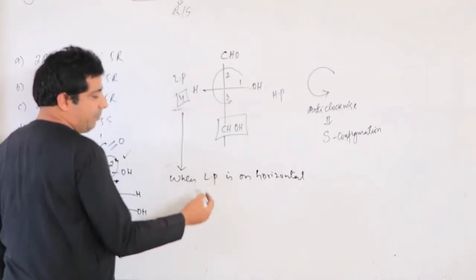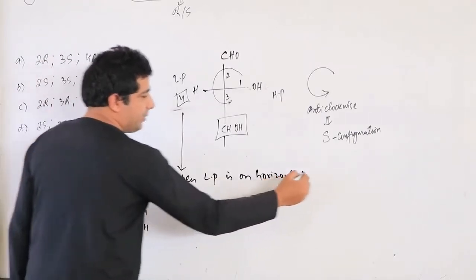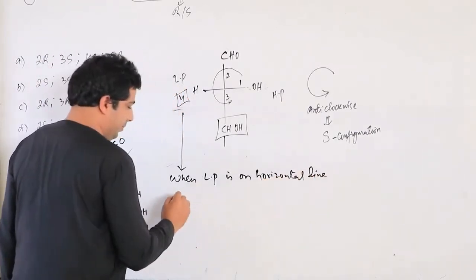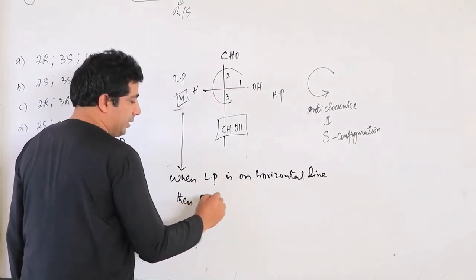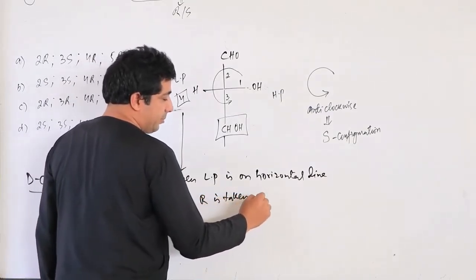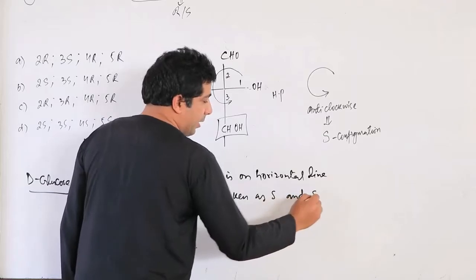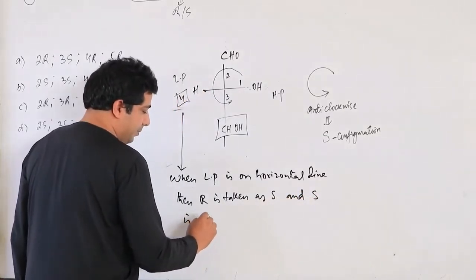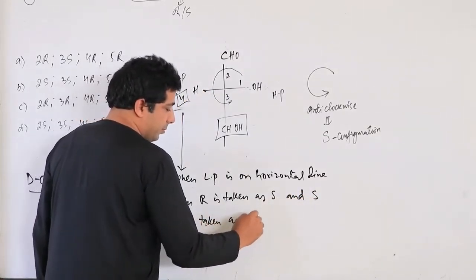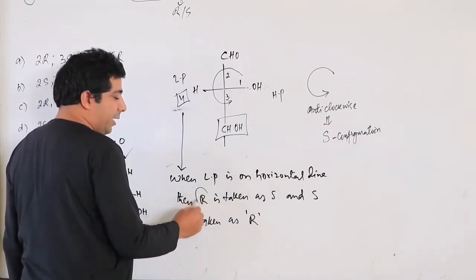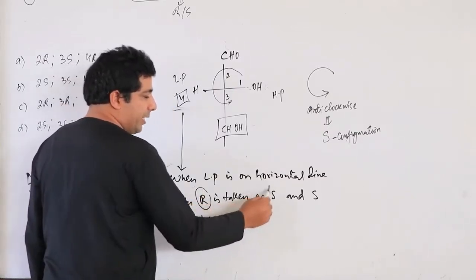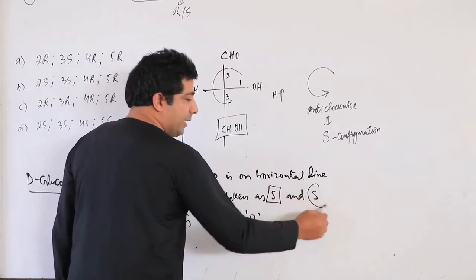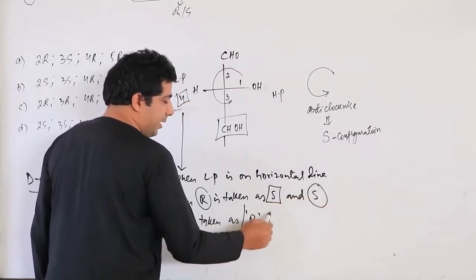When LP, meaning lowest priority, is on horizontal line, then R is taken as S and S is taken as R. So my dear friends, if you get R configuration, it will be taken as S, and if you get S configuration, it will be considered as R.